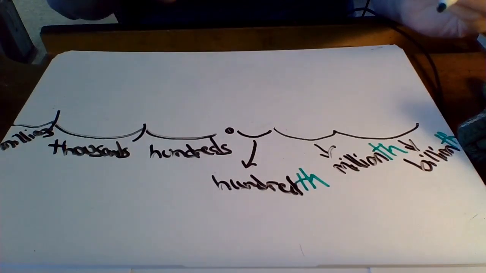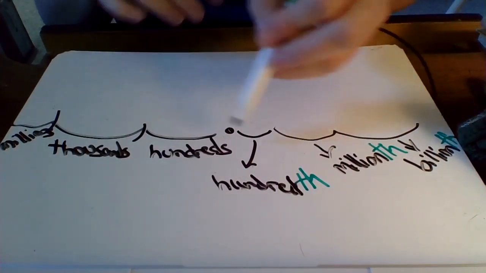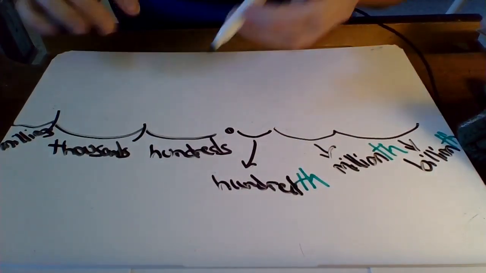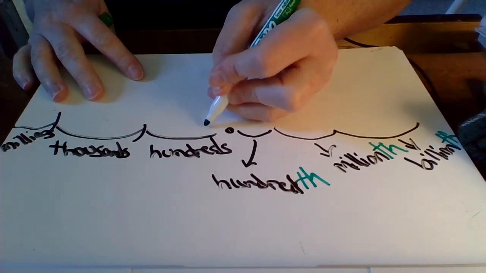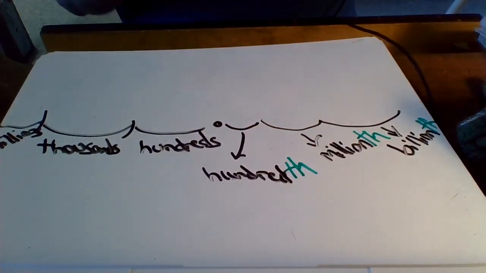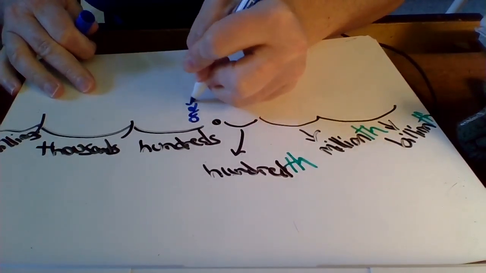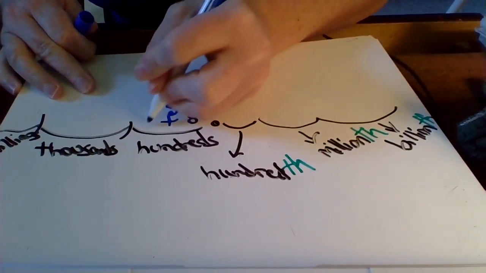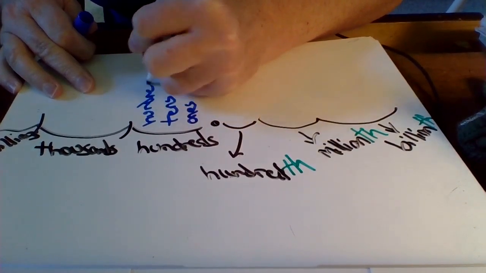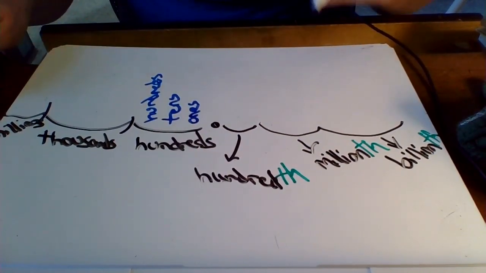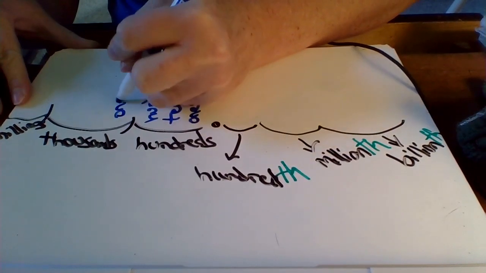Okay, and then in these groups of 3s with this weird group of 2, we have our ones, tens, hundreds, which then repeats.